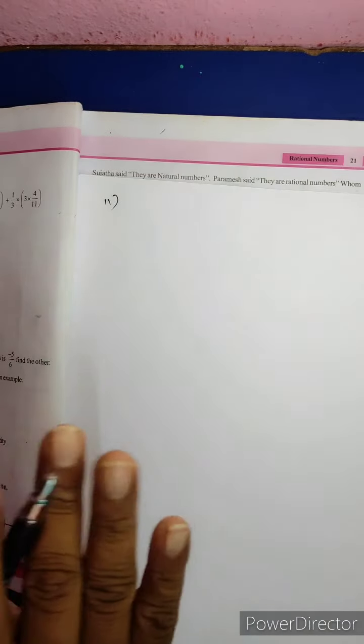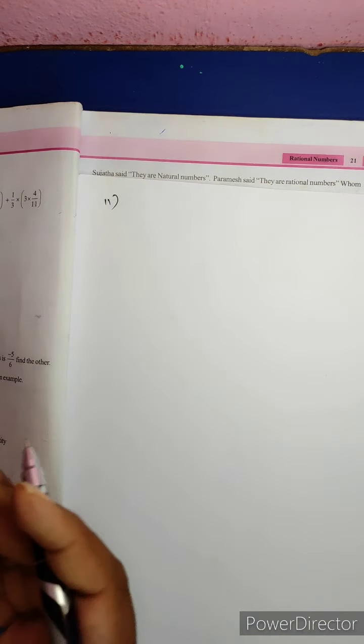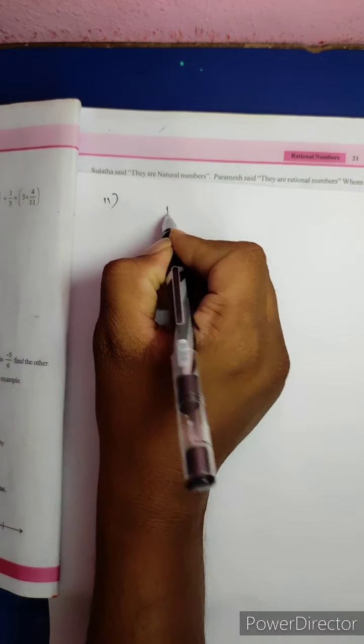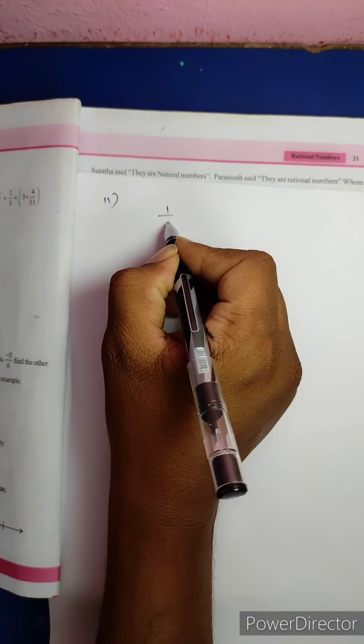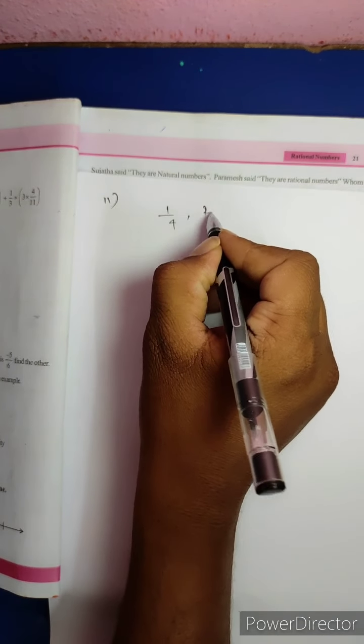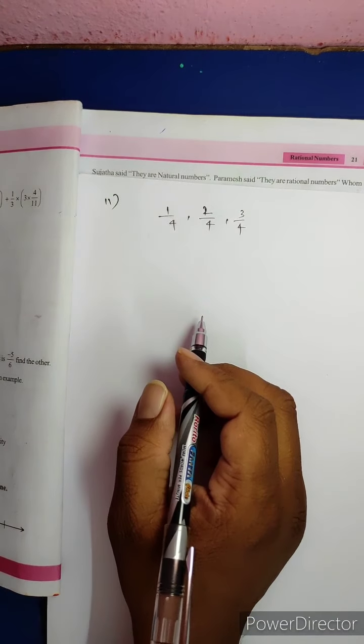This is confirmed, but we must show it with an example. Take 1/4, 2/4, 3/4. Take three rational numbers.